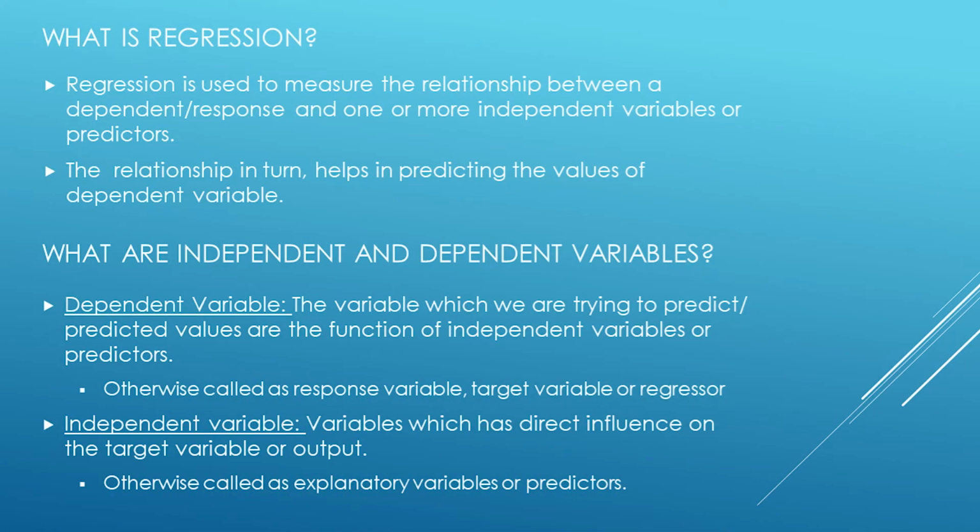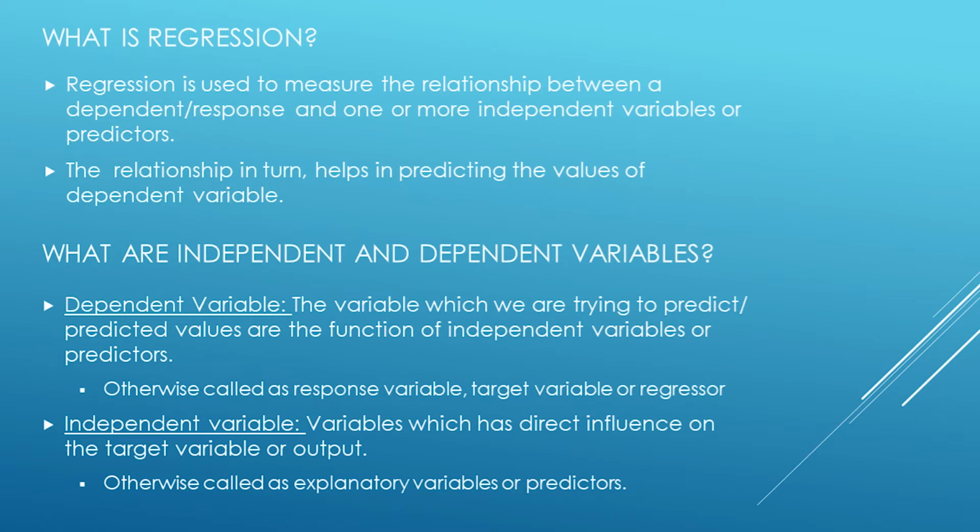What is regression? Regression is used to measure the relationship between a response variable and one or more predictors. The relationship helps in predicting the values of the response variable. Here you will have a question on what is a response variable and predictors.